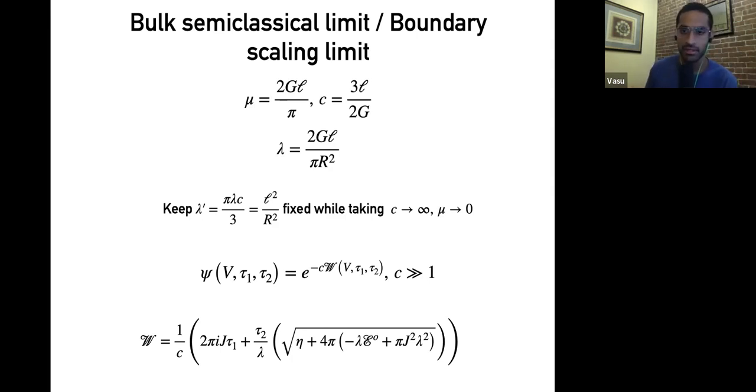Note that here, in order to survive this limit, I need the weights in E0 and J to scale with C. So that also fits our intuition that we need some heavy states that contribute in the semi-classical limit. And also, instead of having a partition sum, I'm now localizing onto one level. So this is how this formalism digests what we normally expect from holography.